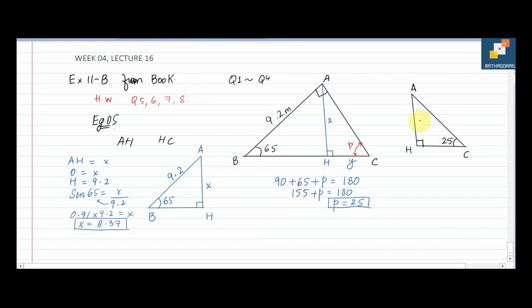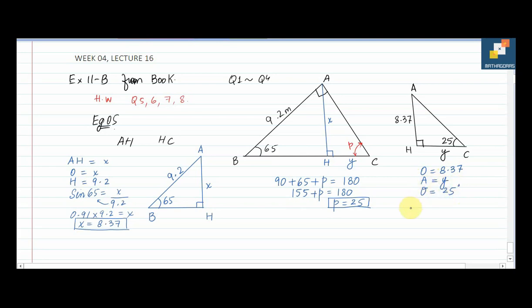The value of AH, we had found out, is 8.37, and the value Y is unknown. Now you think that it is now an easy problem, right? We have done many questions like this. So opposite is 8.37, adjacent is Y, and the value of theta is 25 degrees.